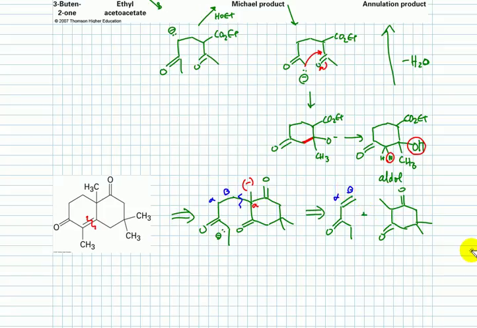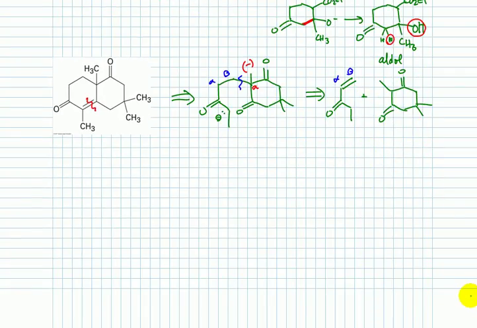So those were our reactants. Let me take you through this reaction here. We have our beta dicarbonyl. Methyl in the middle, gem dimethyl.